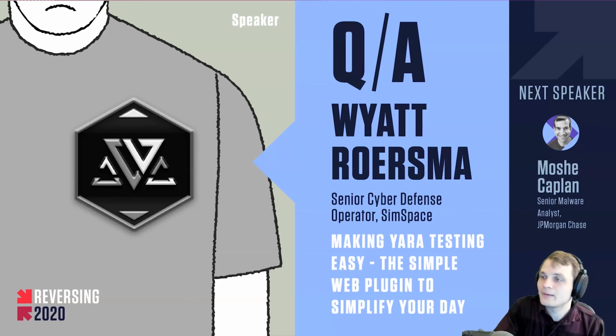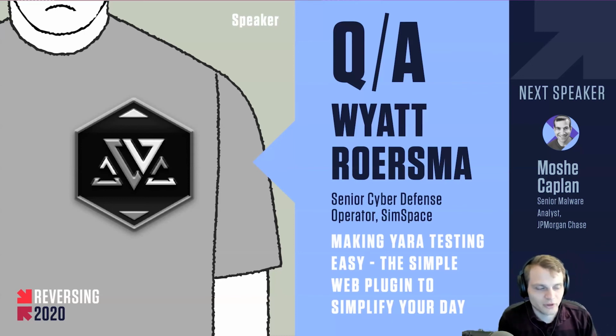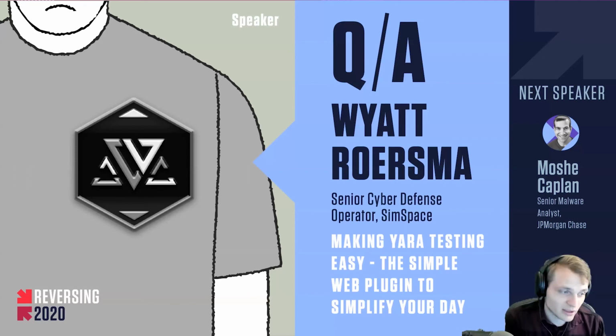Yeah, and there's another one. Cuckoo compiles the YARA rules before running the sample. Does your plugin check the results of the Cuckoo? So the results that come back from Cuckoo? So you can run against the results of Cuckoo. You would have to use a custom version of YARA because it doesn't support the latest Cuckoo report formatting. But I have a pull request open that I never finished, and I need to finish, that has backwards compatibility.